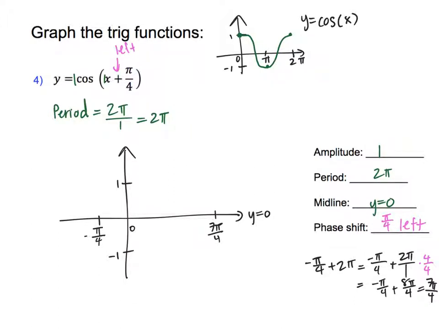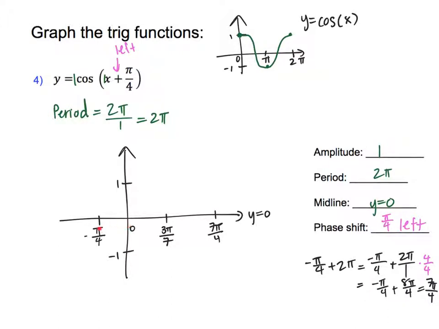But let's figure out the halfway point. If we think about this from negative pi over 4 to 7 pi over 4, the next one would be at 0. Now I need to figure out the halfway point. So if this is 0, maybe this would be at 3 pi over 4. Let's see how many units that is away.